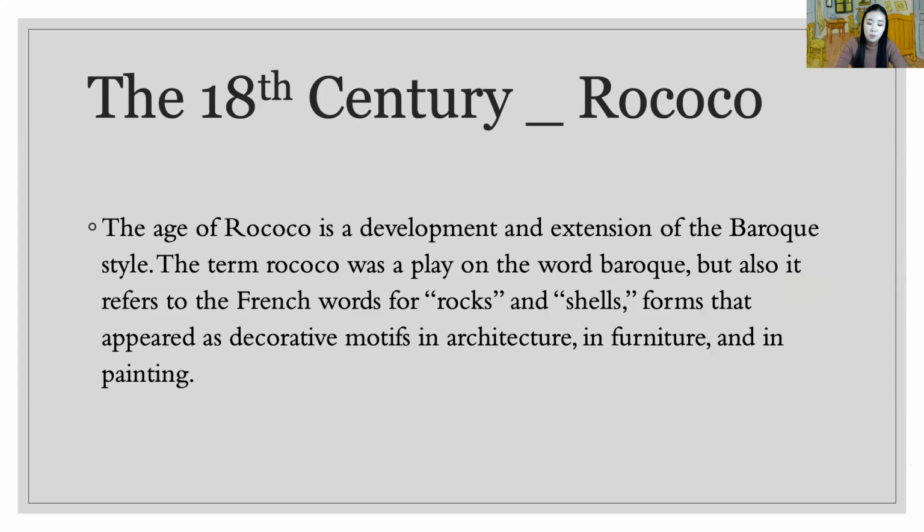And the next art movement we are going to see is the Rococo. The age of Rococo is a development and extension of the Baroque style, and the term Rococo was a play on the word Baroque, but also it refers to the French word for rocks and shells, forms that appeared as decorative motifs in architecture, in furniture, and in painting.